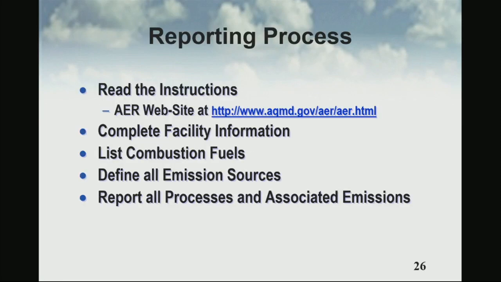Okay, so for the reporting process, I just want to make sure everyone understands that instructions are available. We have a help and support page. We also have an FAQs page on our AER webpage, so you can always refer to that. But generally, the reporting process entails first completing inputs for your facility information, listing all the fuel types combusted by any emission-generating equipment during that report year, and listing and defining all the emissions for their associated processes for when the tool calculates those emissions.